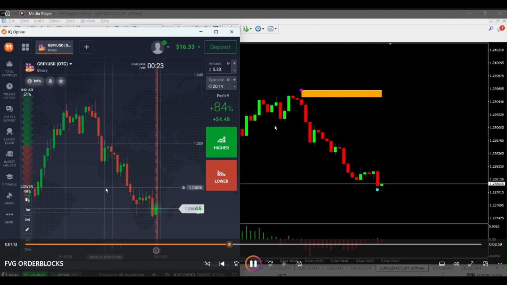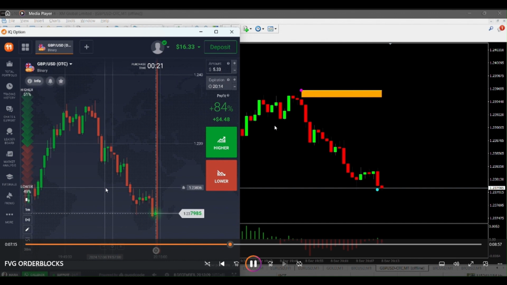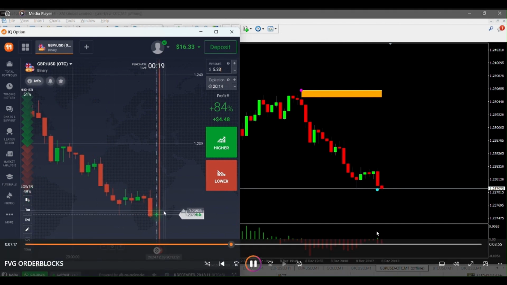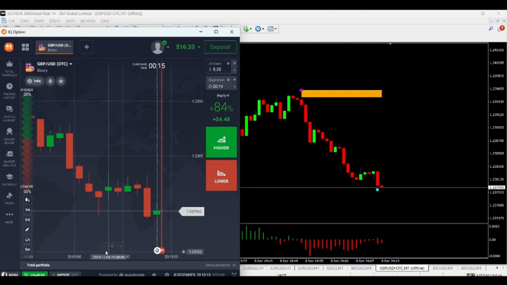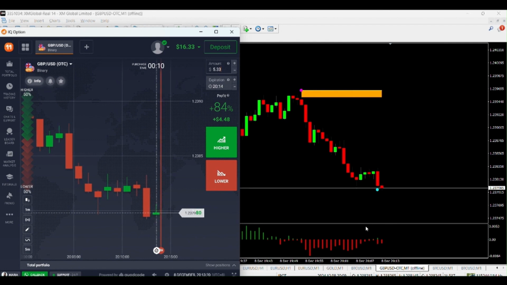Okay, so for this next signal, I can see that the bottom indicator formed some greens. Its sellers are weakening already.